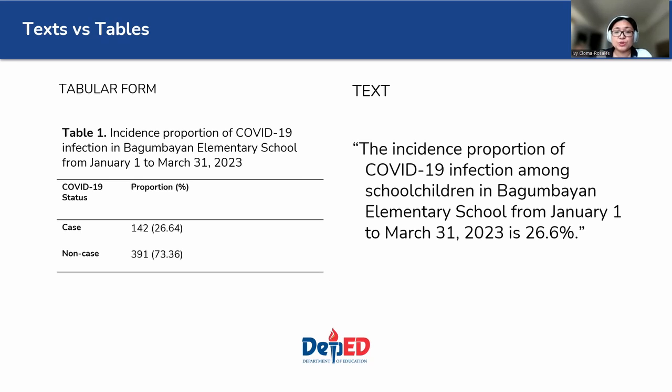The incidence proportion of COVID-19 infection among school children in Bagumba Elementary School from January 1 to March 31, 2023 is 26.6%. That might already convey the message you want to convey. Then if so, no need for fancy tables or graphs, because this table might take up unnecessary space and might be unclear and confusing.